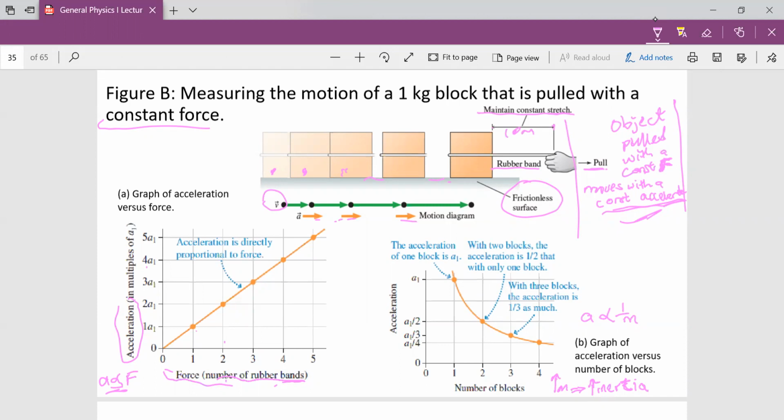So it was established here that acceleration is directly proportional to force. Now they changed the narrative by removing all the rubber bands. Instead of adding more rubber bands, we decided to add more blocks. So we used 1 rubber band on 2 blocks, constant stretch, then pull.